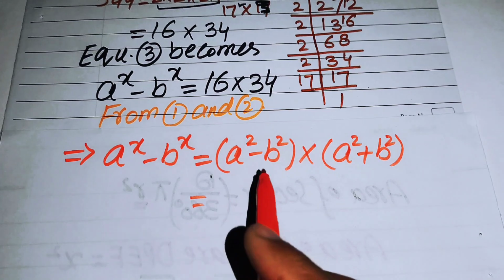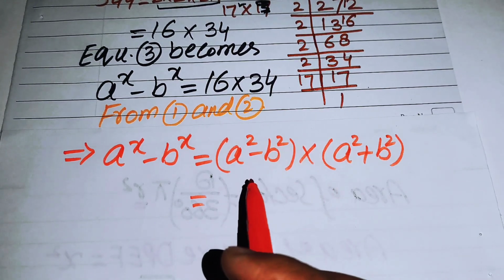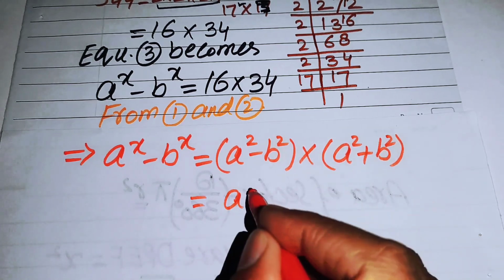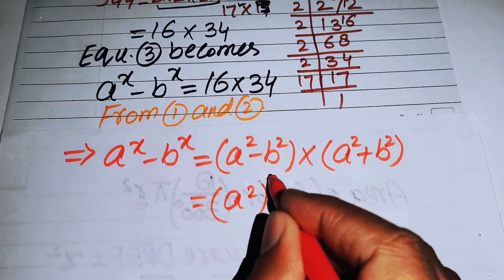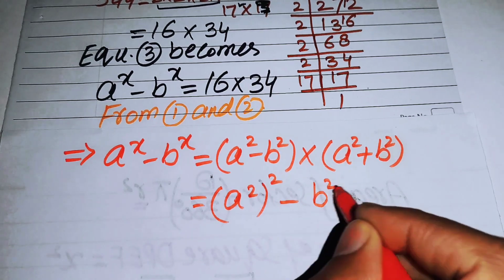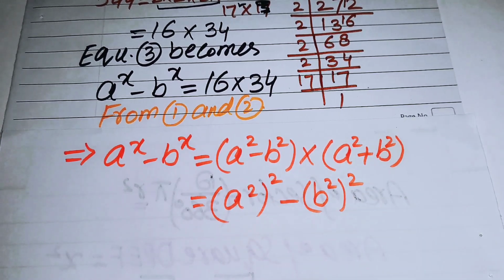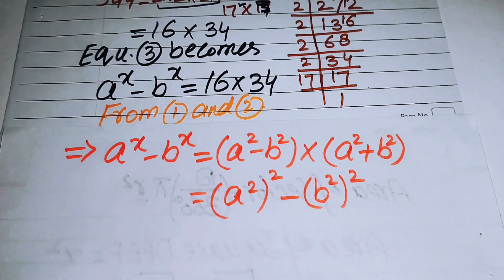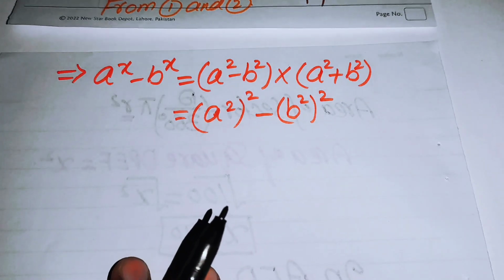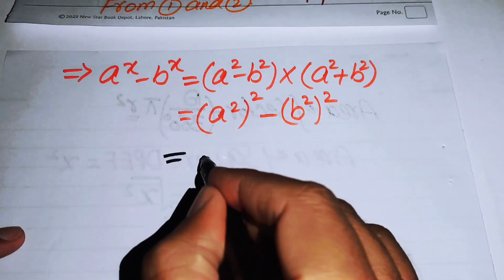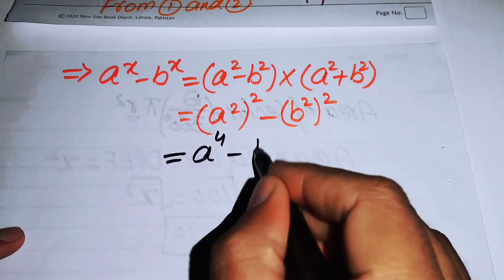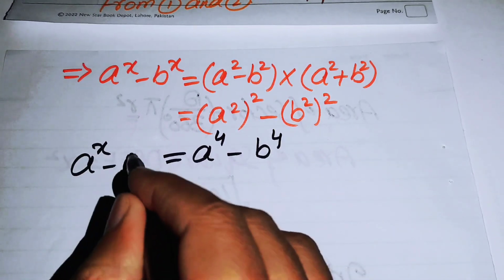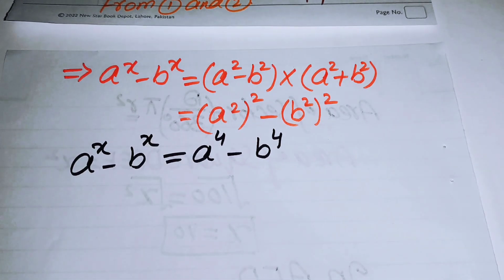Now we combine these two factors, and we get a squared minus b squared times a squared plus b squared, which equals a squared whole squared minus b squared whole squared. With a little simplification, we get a to the power of 4 minus b to the power of 4, and on the left hand side we have a to the power of x minus b to the power of x.